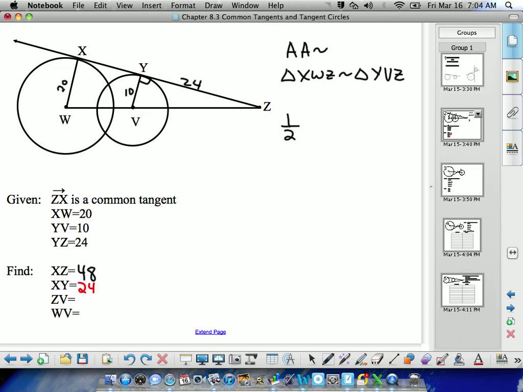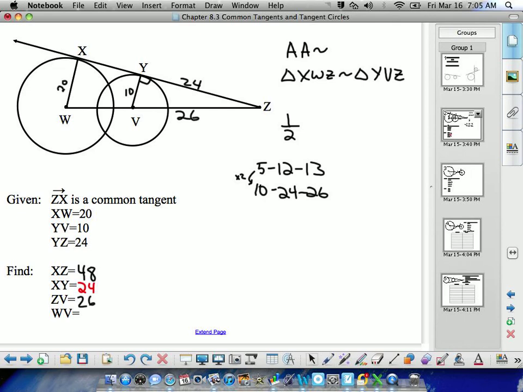We use the Pythagorean theorem. Or, if we know our triples, 5, 12, 13. The short leg is 10, the long leg is 24. So how long must the hypotenuse be? Well, 5 times 2 is 10, 12 times 2 is 24, so 13 times 2 must be 26, so VZ must be 26.